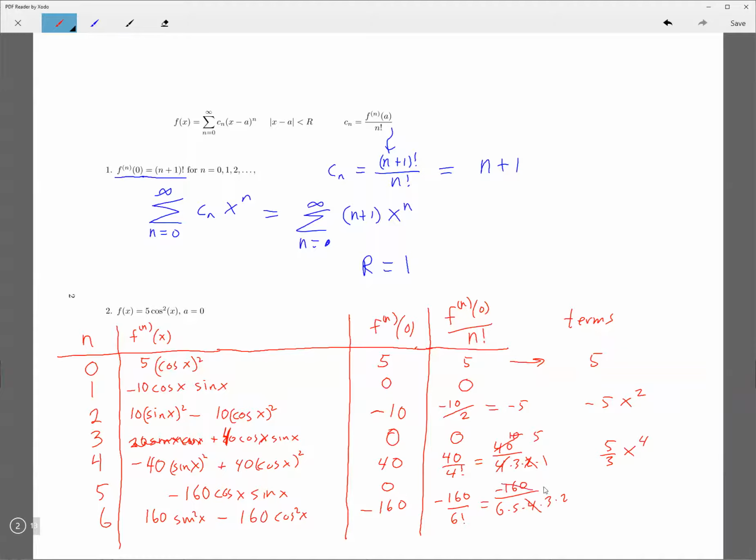The 4 reduces that to a negative 40. And then this 2 reduces it to a negative 20. Oh, wait, there's a 5 reduces it to a negative 4. And this one goes to negative 2. So we have negative 2 over 9, x to the 6th. Okay, so let's put those terms in right here and see if WebAssign complains about it.